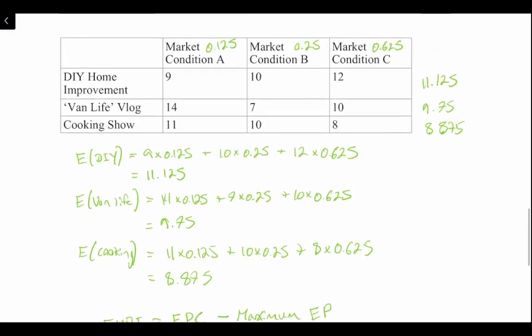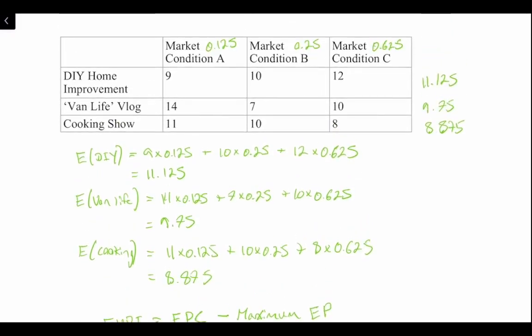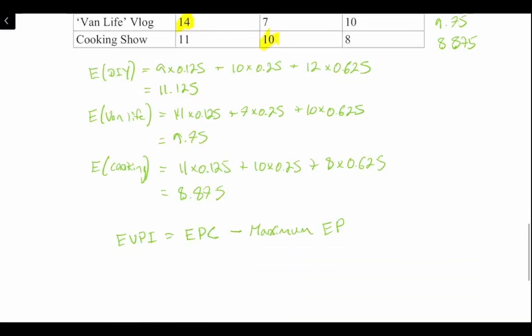So we need to look at our table here, and we need to identify what our expected value of perfect control equals. So when we look at this, what we're looking for is the best case scenario across all market conditions. So in market condition A, the best case scenario is 14. In market condition B, the best case scenario is 10. And in market condition C, the best case scenario is 12.